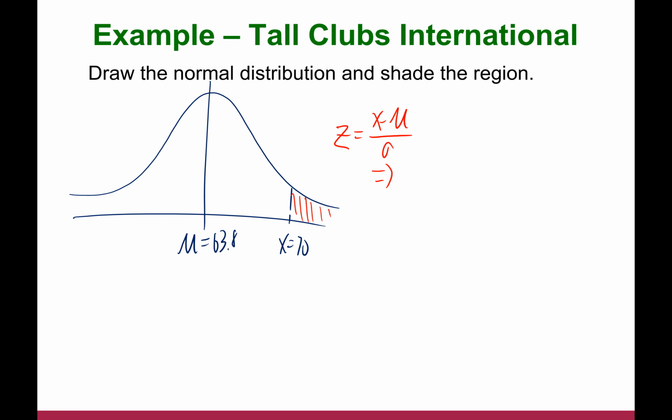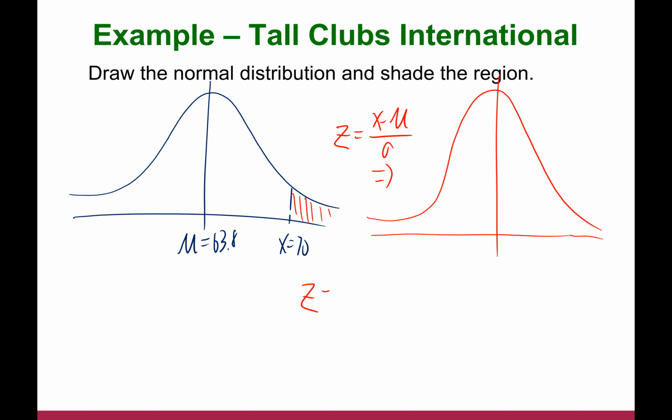Apply the formula: z-score equals 70 minus 63.8 divided by 2.6.